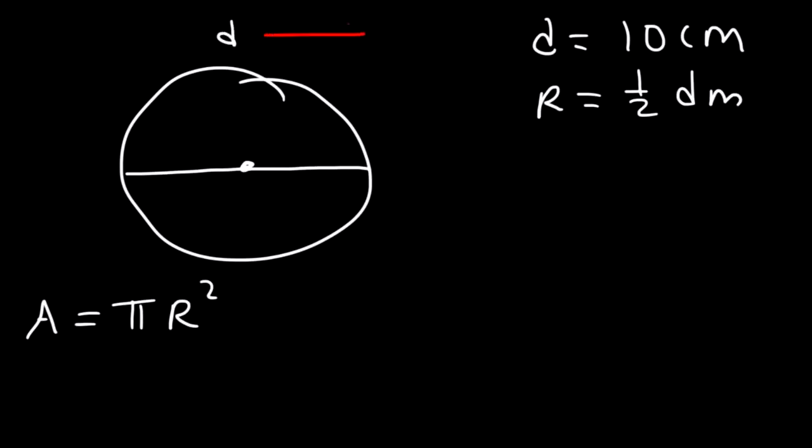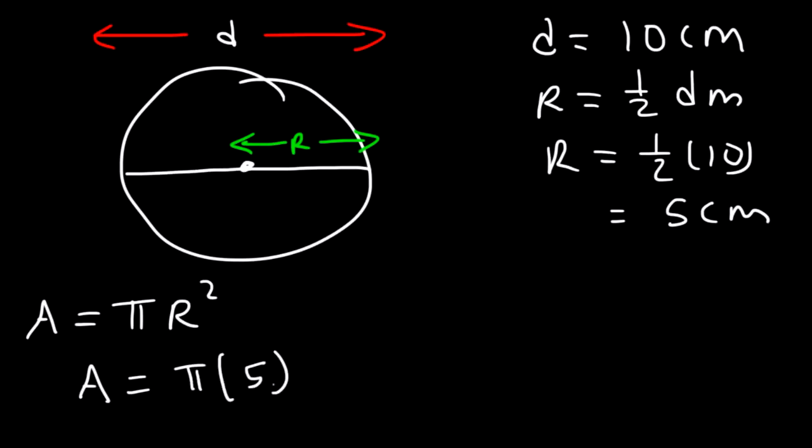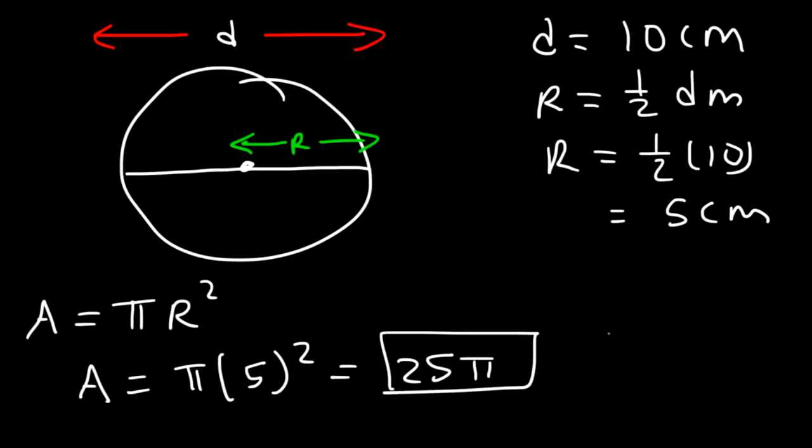So this is the diameter d, and this portion is the radius of the circle. So the radius is half of 10, which is 5. So it's 5 centimeters. So the area is going to be pi times 5 squared, or simply 25 pi square centimeters.